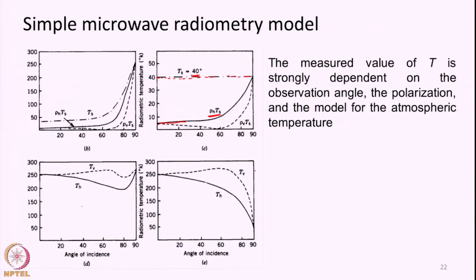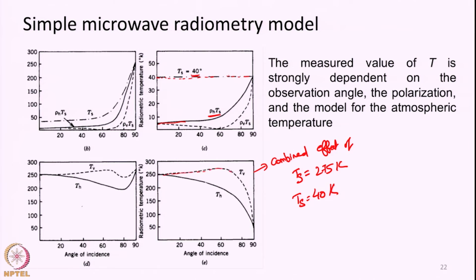This is the total, combined effect of the ground pixel temperature Tg equal to 275 Kelvin and the sky temperature Ts equal to 40 Kelvin. If we combine both of them, this is how the net signal will look.